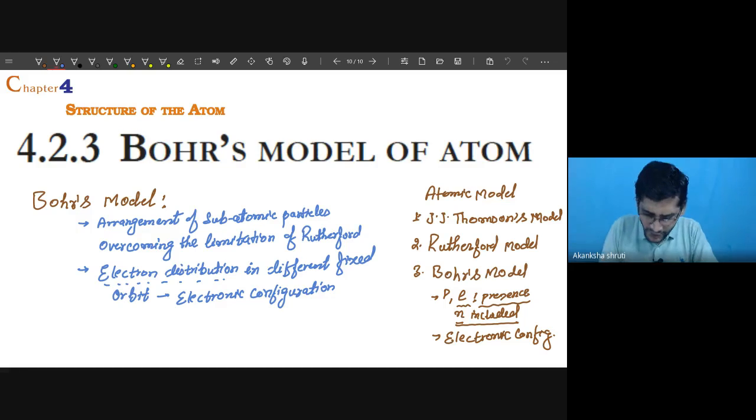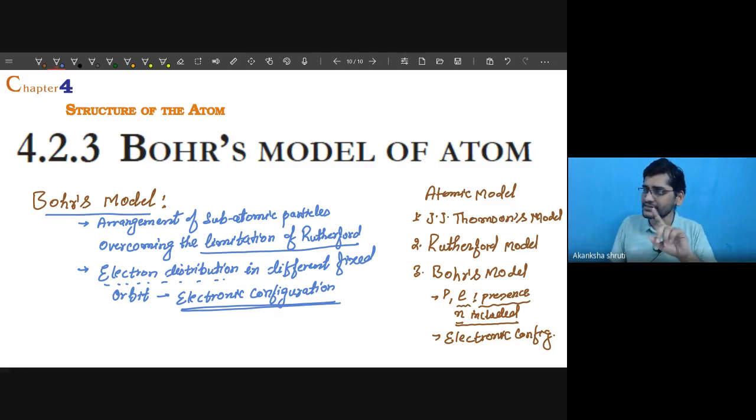So two things we have to understand in this Bohr model. The very first is, what is this Bohr model and how it has overcome the drawbacks or limitations of Rutherford. Another, how is the distribution of electrons over the fixed paths.